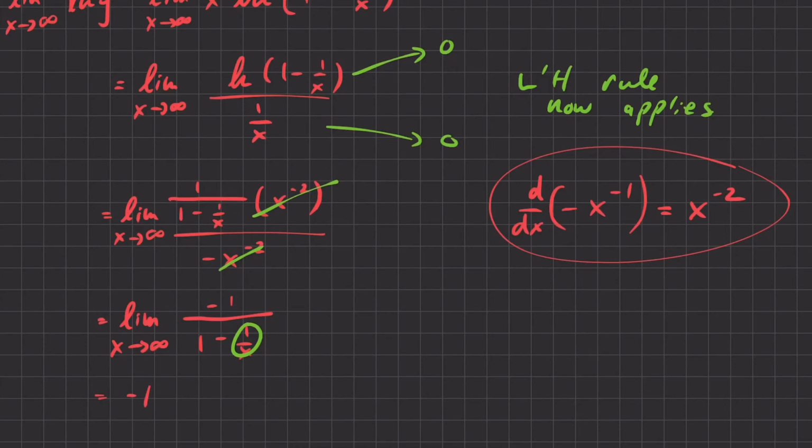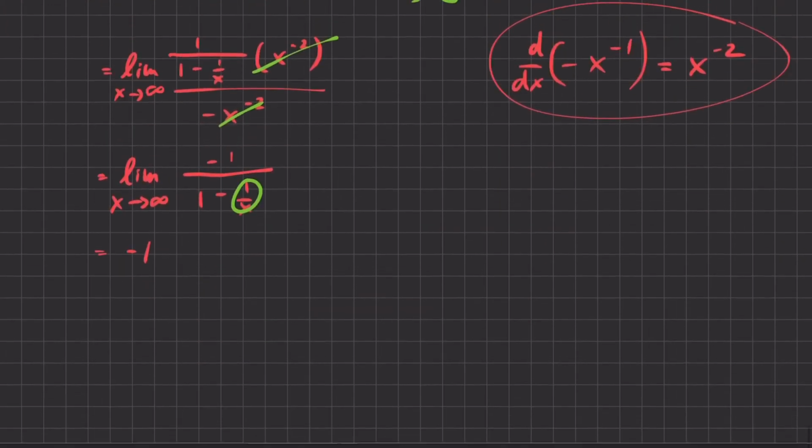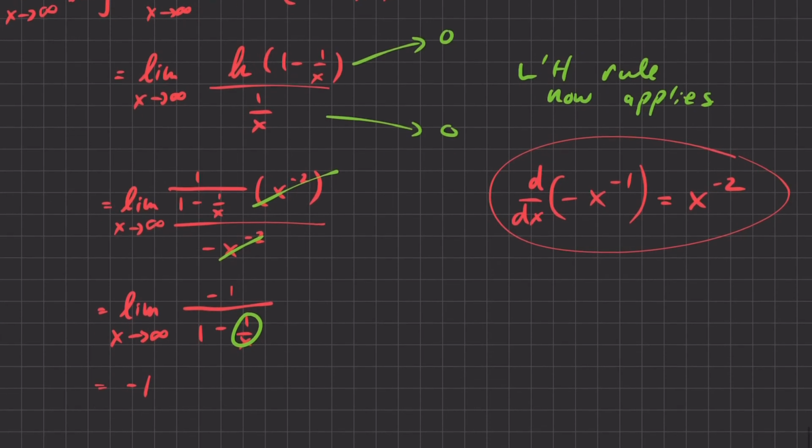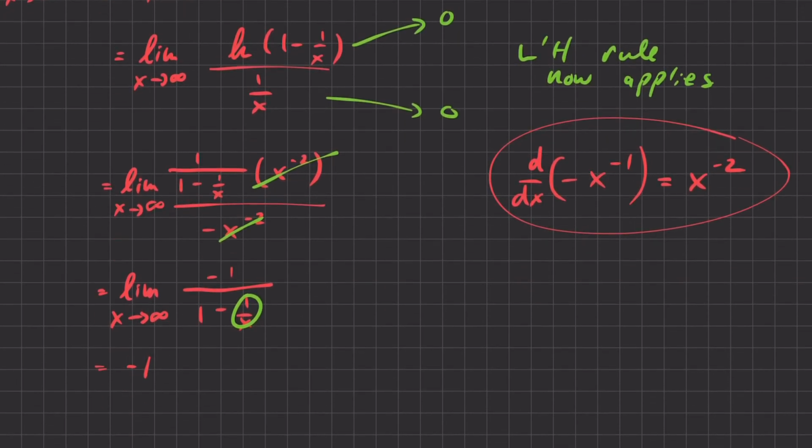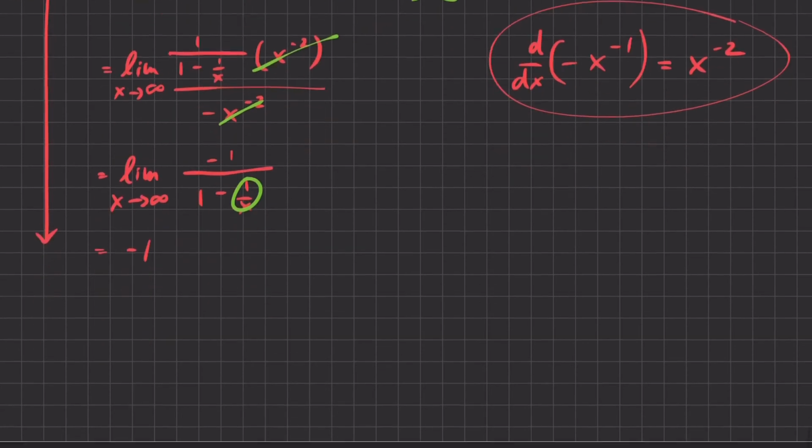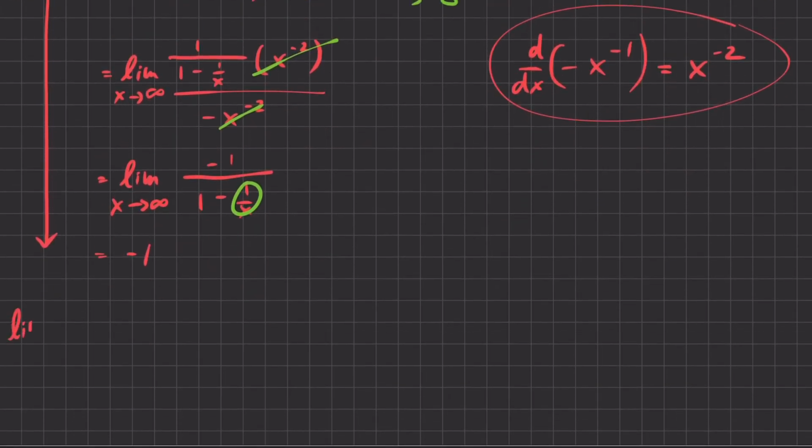Yeah? Okay. So let's not forget what this was originally equal to. Let's carry down this original limit. So the limit as x approaches infinity of the ln of y is equal to negative 1. Okay?